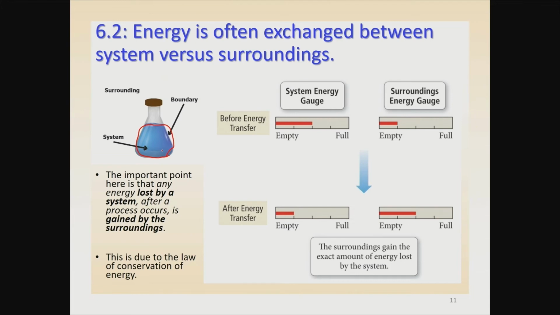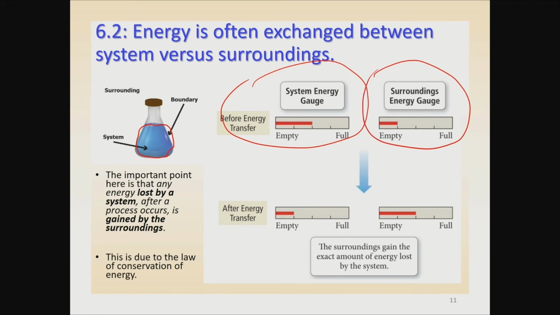Let's say we were able to somehow evaluate the total amount of energy in the system. Here we have a gauge to measure the energy in our blue chemicals, and they're up to this point here. And then maybe we're also able to measure the energy in the surroundings. Here is the energy gauge for the surroundings, and you can see that the energy of the surroundings may be less in this example.